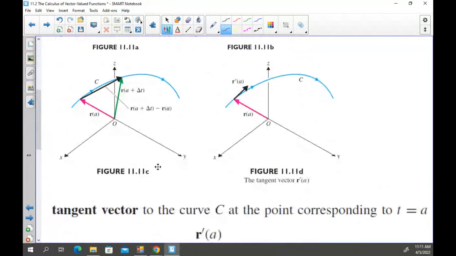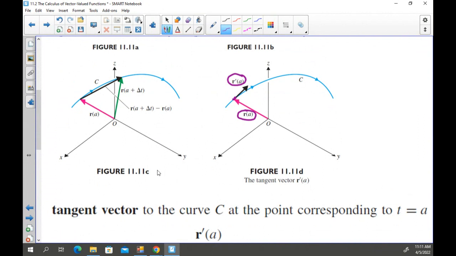Now, the other thing I want to mention here is that if you have R of A, which is a vector, then the derivative R dash at A is also a vector, the black vector here, and it is tangent to the curve of the end points.